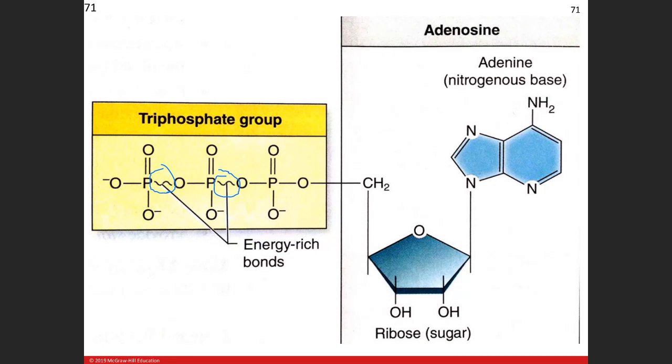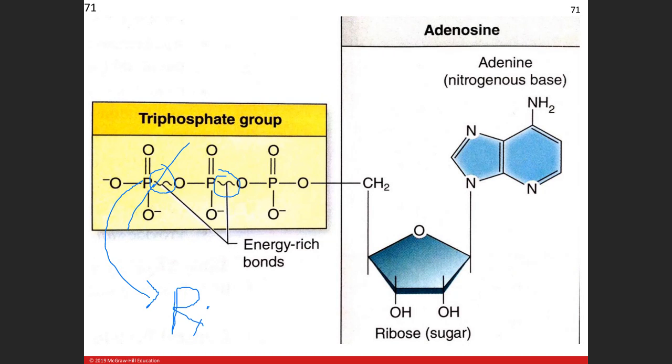So when your cell needs energy, what it will do is snap this bond right there. When that happens, this phosphate group and all the molecules attached to it will just pop off. So you'll have a free-floating inorganic phosphate floating around.